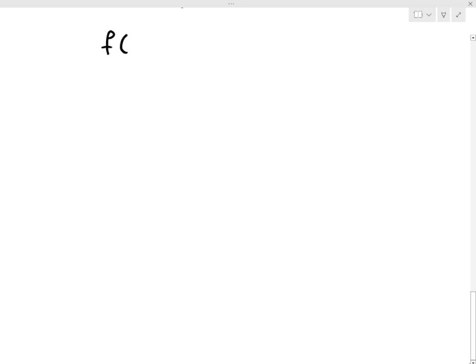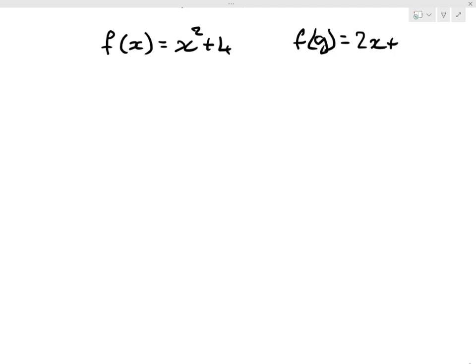Next one up, let's write two functions. So the function f of x is equal to x squared plus 4, and the function g of x is equal to 2x plus 1. So what's the solution to this? So inside first.